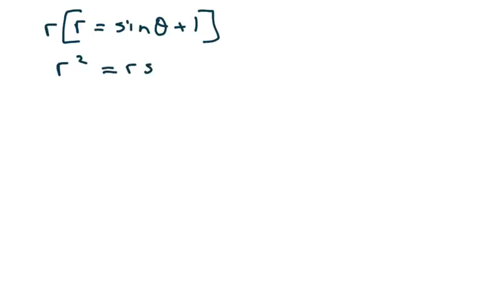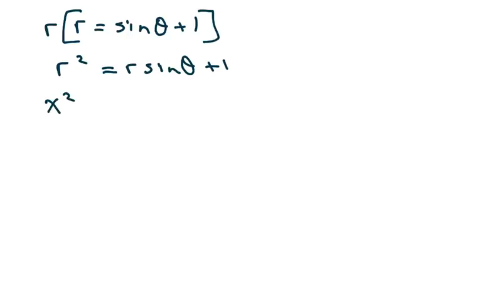The next one is r equals sine of theta plus 1. Again, there's not much I can do with this, so what I'm going to do is multiply each term by r. You get r squared equals r sine of theta plus r. And now I can move everything over, or I can actually start replacing.